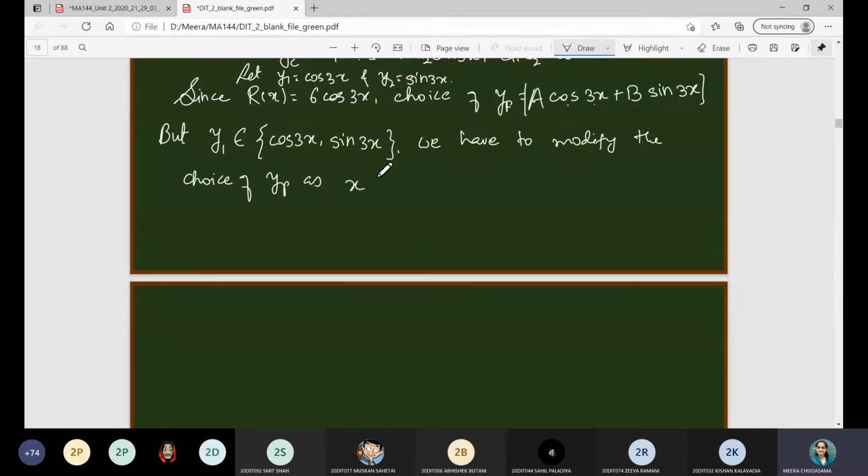How do we modify it? It will be x into a cos 3x plus b sin 3x.